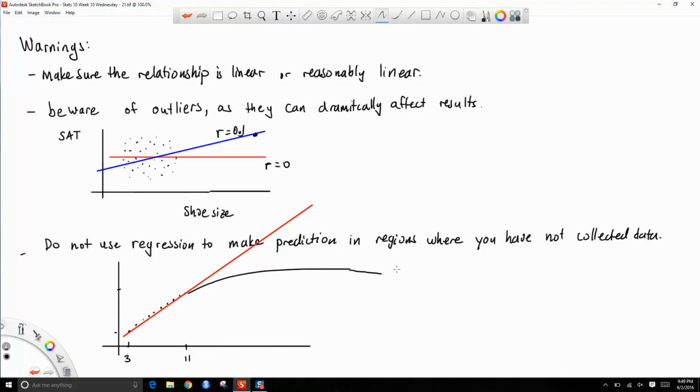But something like that happens. But it would be very silly to try to project this and say, by the time my son's 55, he's going to be really, really tall. But people do this all the time.